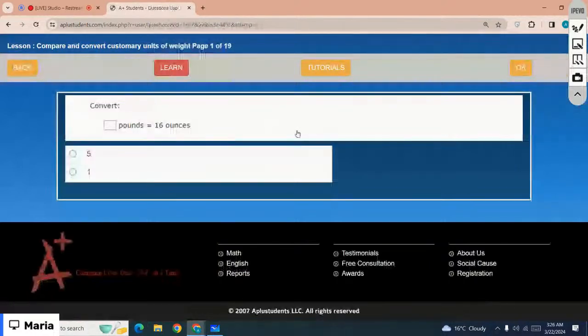Which is the correct option? 1 pound equals 16 ounces. The correct option is 1 pound.